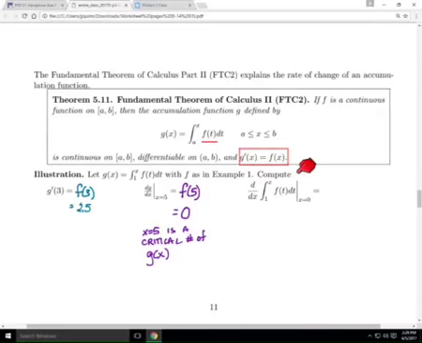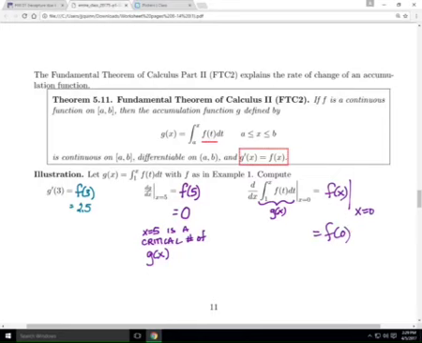This is an interesting notation going on here. Essentially, if you pay attention, it's the integral from 1 to x of f of t dt. That's just g of x. So this is asking for the derivative of g of x evaluated at 0. Well, we know that's f of x evaluated at 0, which is f of 0.